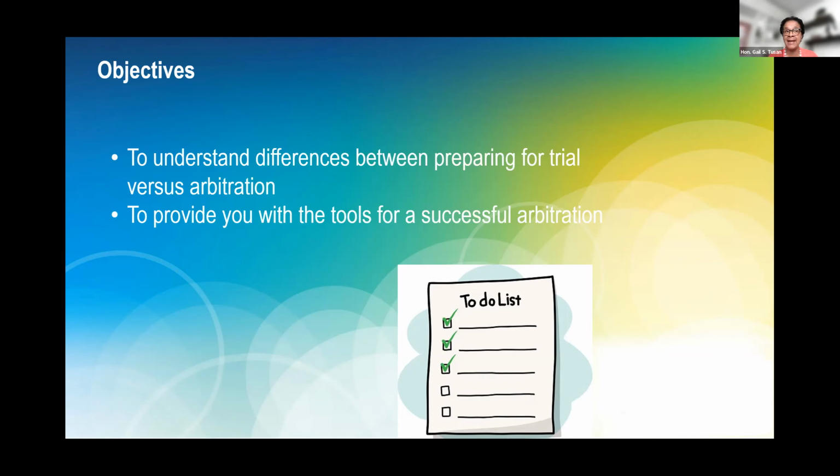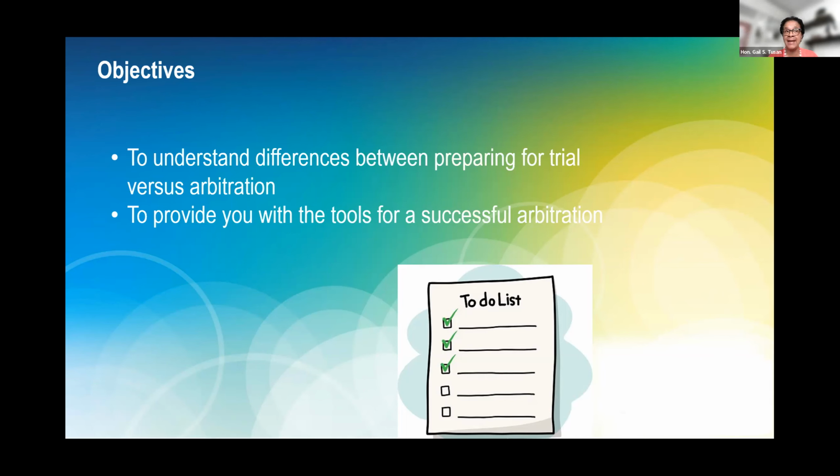Typically, when I receive an arbitration assignment, I am forwarded the demand for arbitration. That is the first pleading, if you will, that the arbitrator would be reviewing to understand what the arbitration is about. It's not always the case that the respondent has actually filed an official response to the demand.